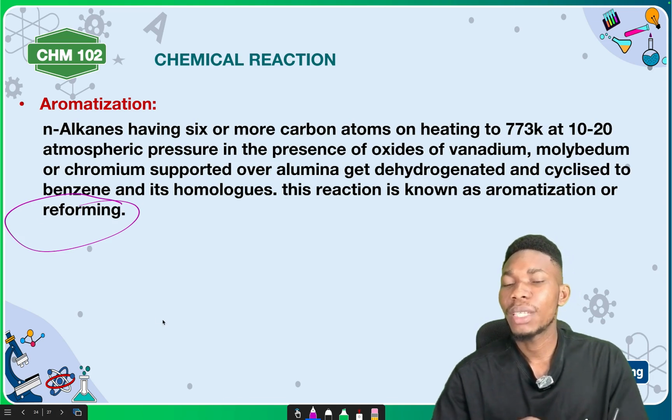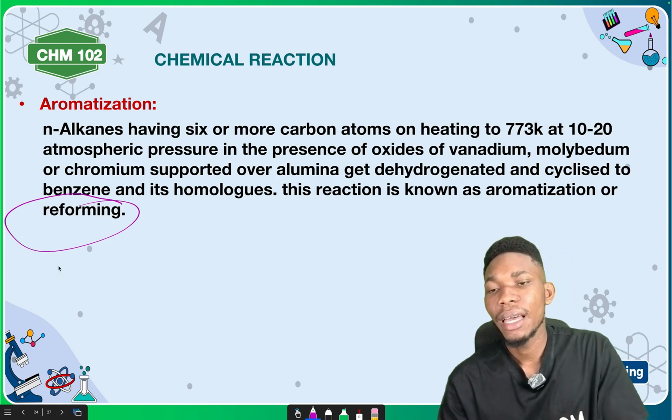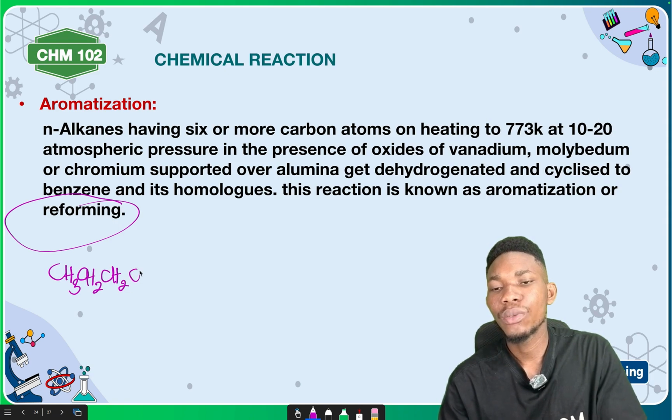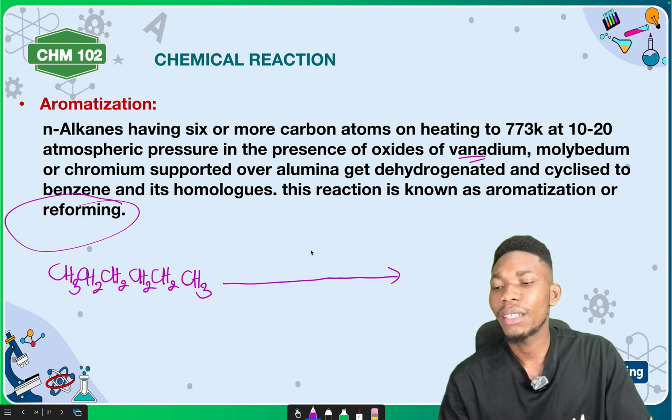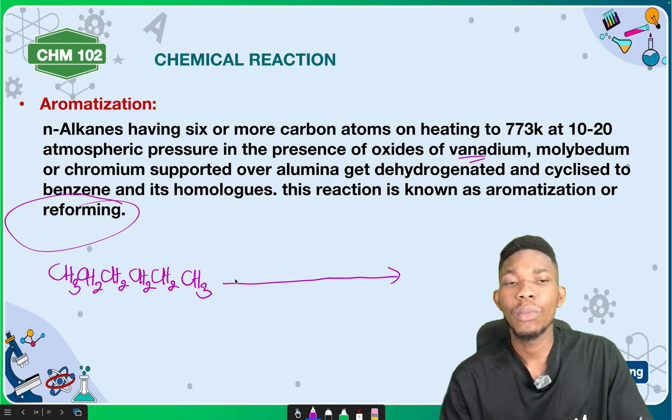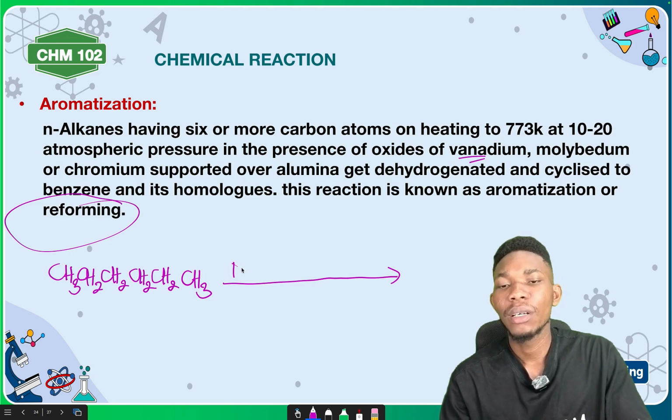Now, what we are trying to tell you is that n-hexane, what is n-hexane? CH3, CH2, CH2, CH2, CH2, and then CH3. When you heat this in the presence of oxides of vanadium, or chromium, or molybdenum, Molybdenum oxide is Mo2O3.